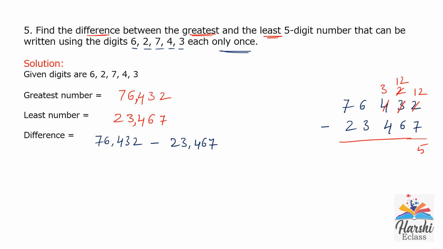Then it will become 12. 12 minus 6, 6. 3 minus 4 is also not possible, so borrow from 6. 3 becomes 13. 13 minus 4, 9. 5 minus 3 is equals to 2. 7 minus 2, 5. That is 52,965. Therefore, write the final statement.